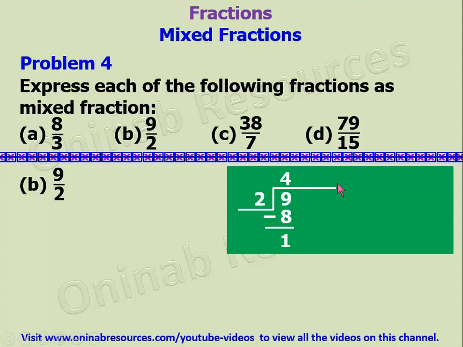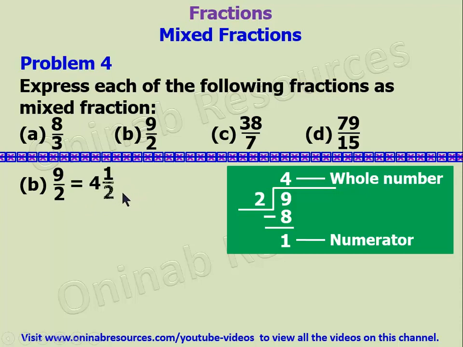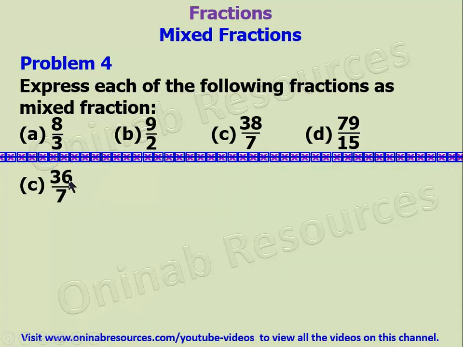We say this is the whole number part of the mixed fraction, and this is the numerator, while the denominator will still remain as 2. So that 9 over 2 will be equal to 4 whole number 1 over 2, which gives the mixed fraction of 9 over 2. Then we go to the C part of the problem.